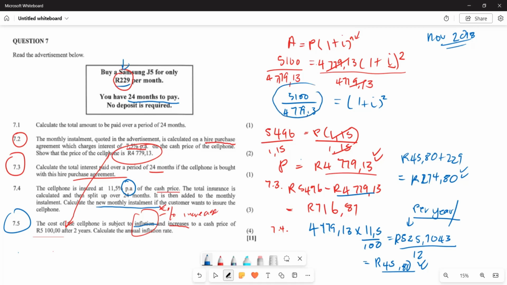So when you plug this in your calculator, what you're going to get is 1.06739835, I think. This is what equals 1 plus I to the power of 2.